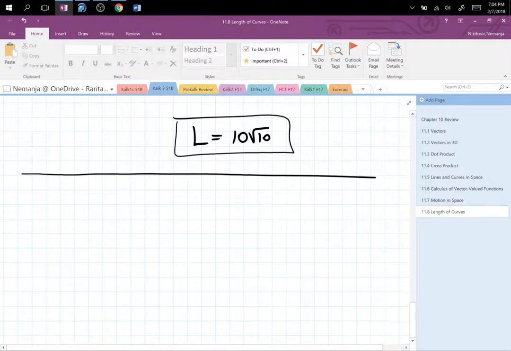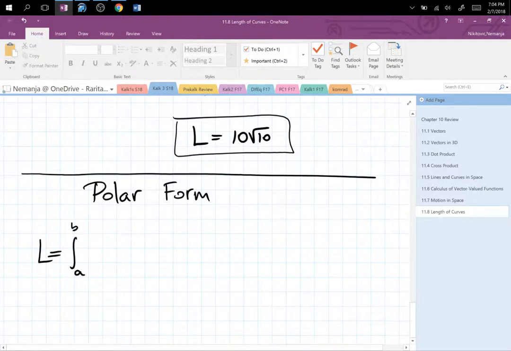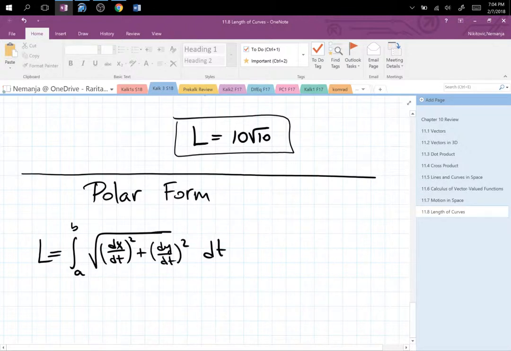And in the polar form, again, for derivation, for honors. So for the polar form, you will start with the parametric length of the curve, which is the integral of the square root of dx dt squared plus dy dt squared, dt.